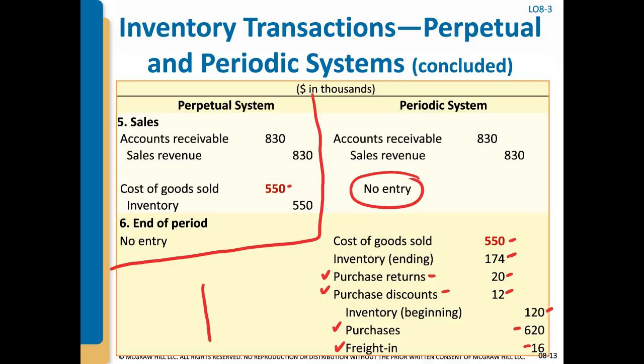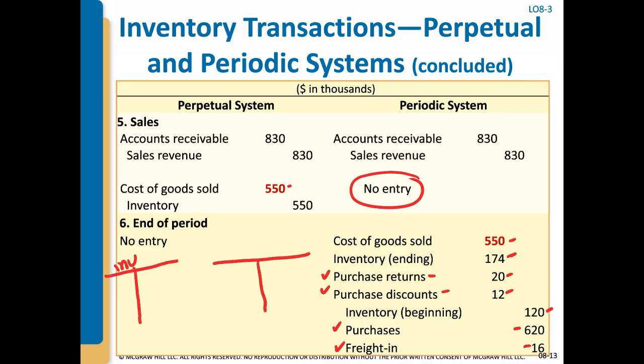Just want to quickly look at the inventory. I'll redraw this. If I look at my inventory, and let's just say my net purchases, I'm just going to look at the total net purchases here. My beginning inventory was 120.